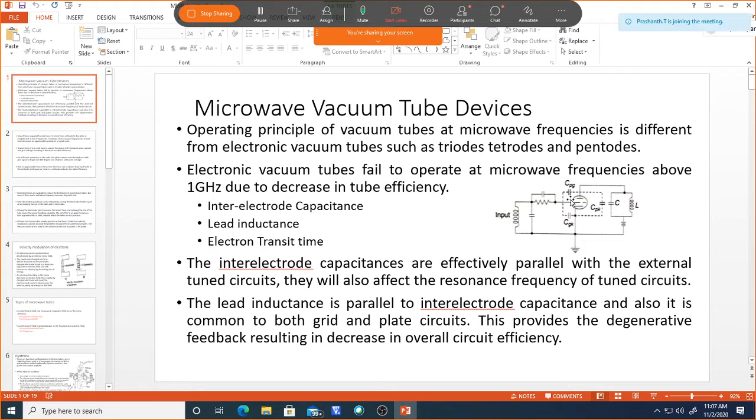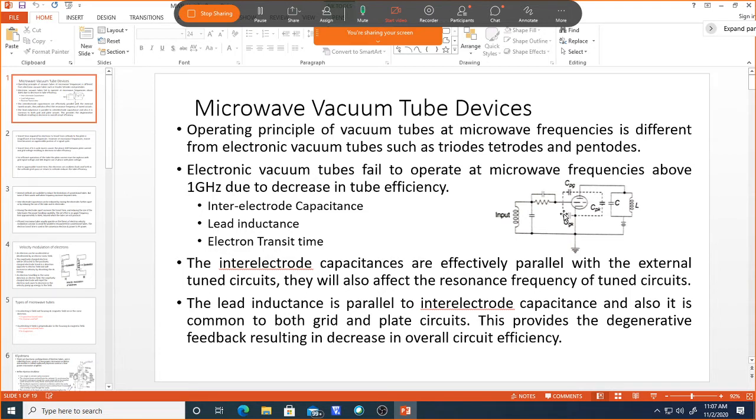If it is in the negative cycle, the electrons are repelled by the grid back to the cathode, and they will not reach the plate and will not properly generate the power signal at the particular resonance frequency. So at higher frequency, the power cannot be generated because the electrons do not reach the plate.